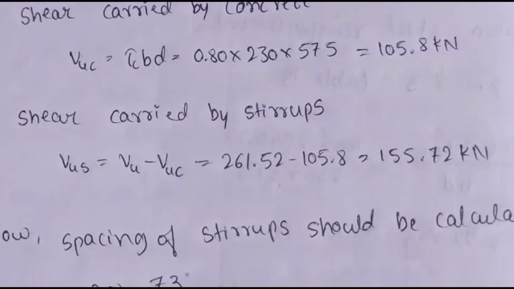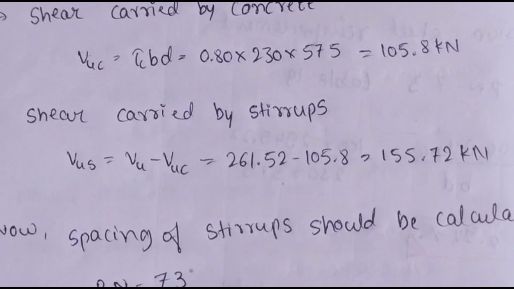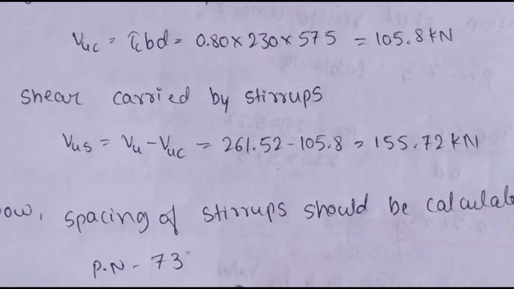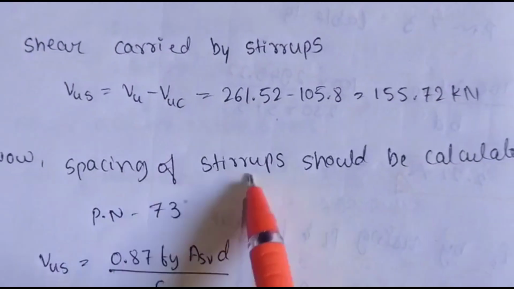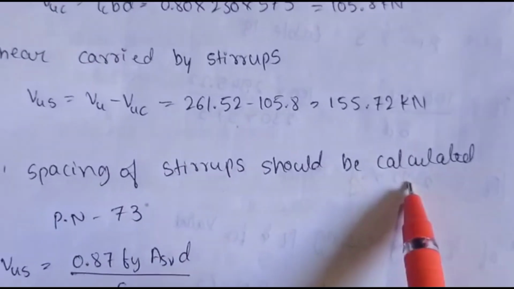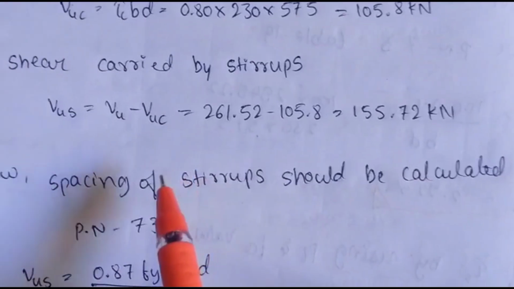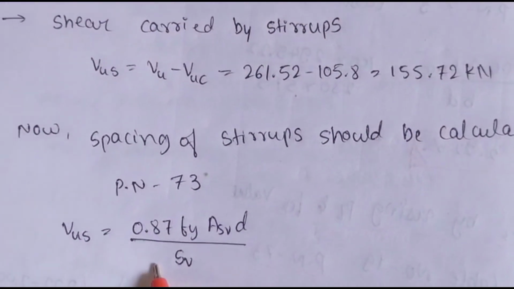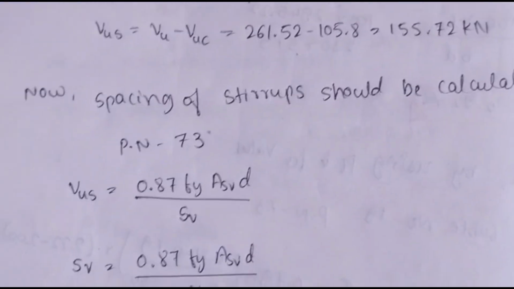So now what we have to do is go for the design of spacing of stirrups. So now spacing of stirrups should be calculated. For that again refer page number 72. I have shown, by using this formula we'll calculate the spacing of stirrups.